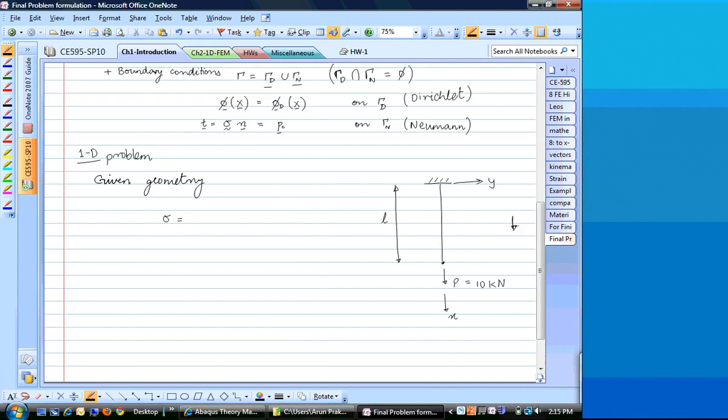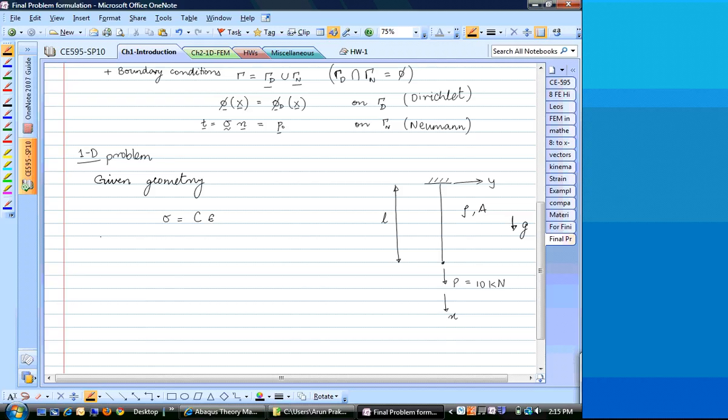let's say the wire or this one-dimensional bar is not of negligible weight. So there is gravity acting downwards, and the density of this wire is rho, and the area of cross section of this wire is A. And let's say there's no temperature effects for now. And the equation for the stress-strain relationship is given like this.